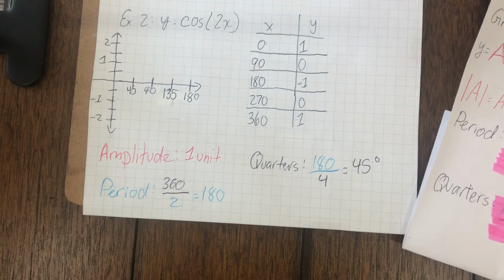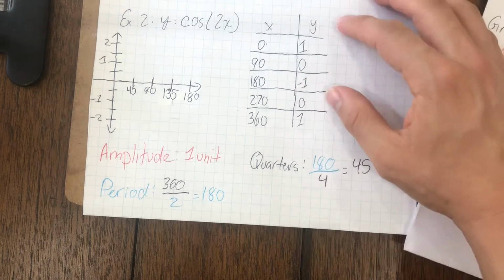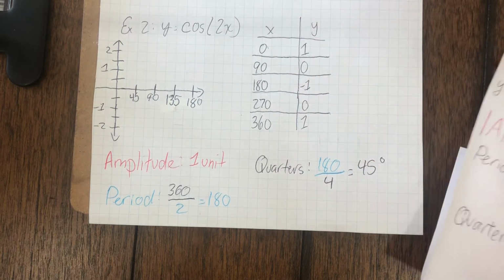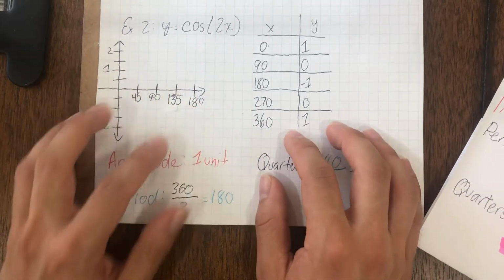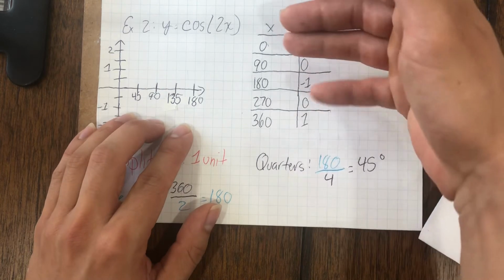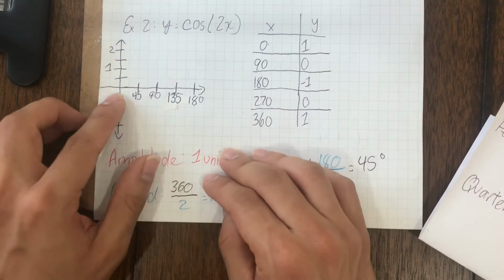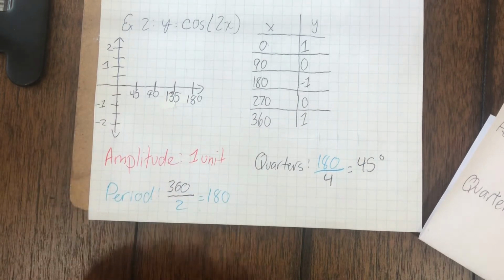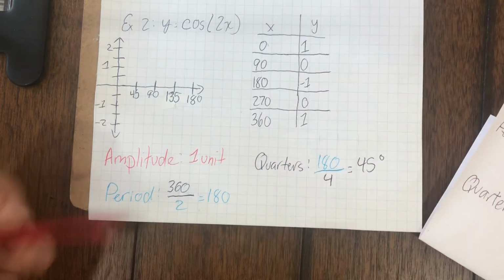So if we take a look at the x values, this is the original table for cosine of x, all right? But now, if we take a look at the x values on the graph, we see that we went from 0 to 360 to 0 to 180 degrees. So we definitely do see the x went down.